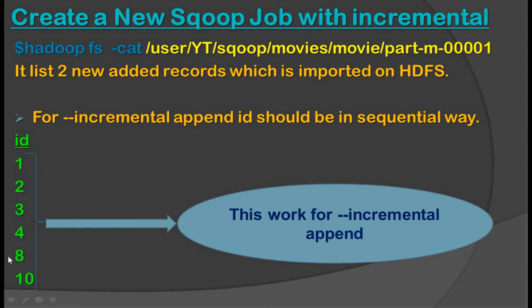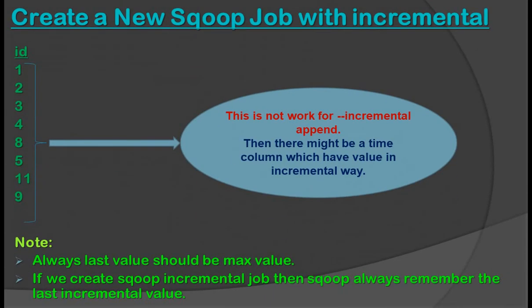If we put it in increasing order, then it will work for --incremental append. If we do not, then it will not work. Like this, suppose the ID is in this order: 1 2 3 4 8 5 11 9, so this does not work for --incremental append.